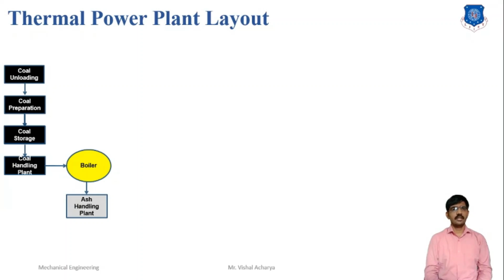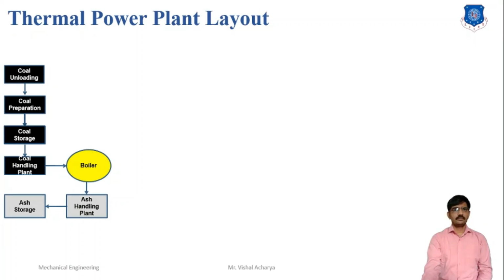Here ash is handled by the mechanical ash handling system, hydraulic ash handling system and pneumatic ash handling system, and ash is transferred to the ash storage. There are different arrangements for ash storage, and ash is transferred to the building industry as an ingredient material like concrete, and other ash is disposed of by a disposal arrangement.